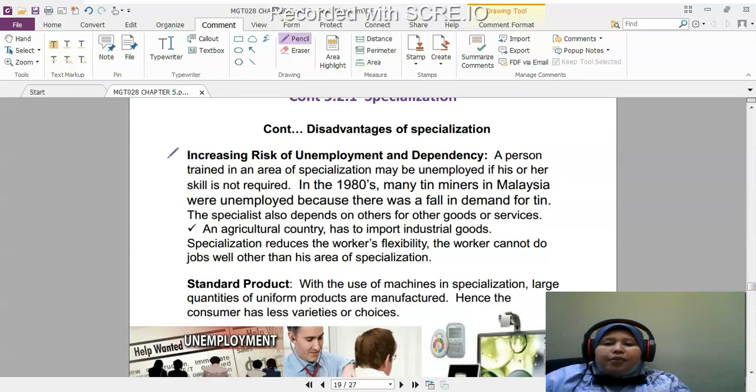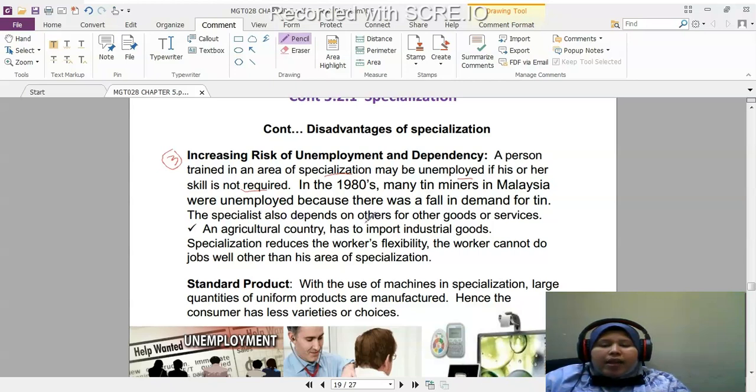And then the third one, increasing risk of unemployment and dependency. A person trained in an area of specialization may be unemployed if his skill is not required. Many tin miners, for example, in Malaysia, were unemployed because there was a fall in demand for tin.